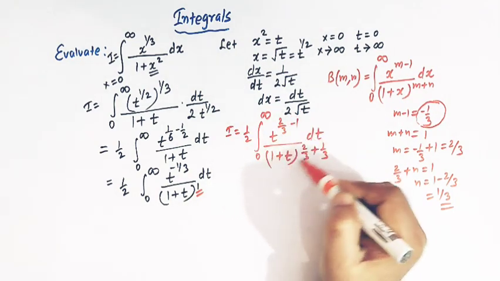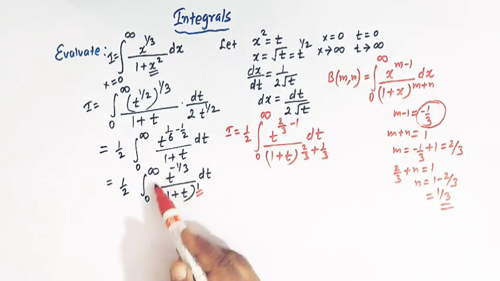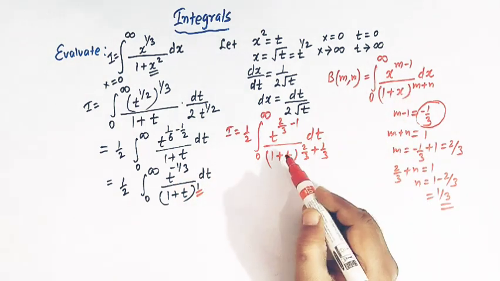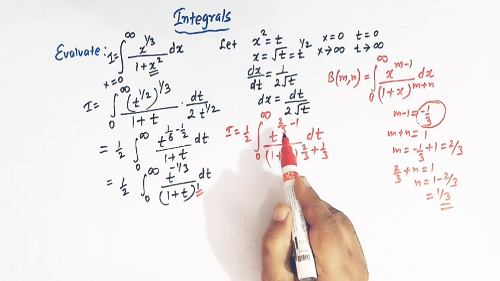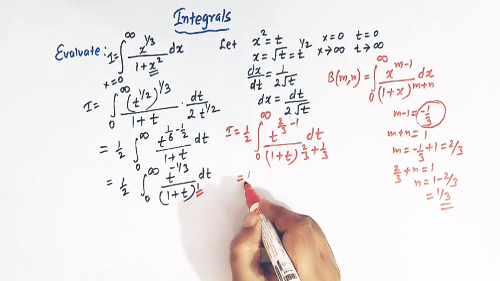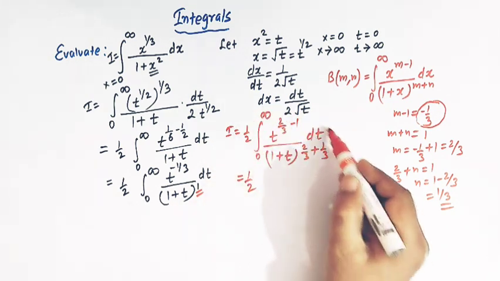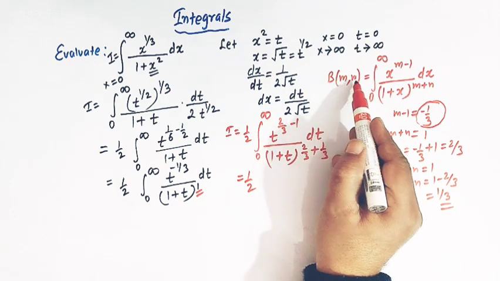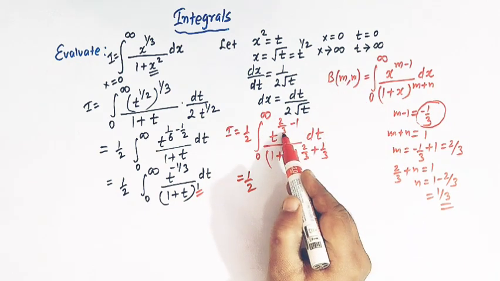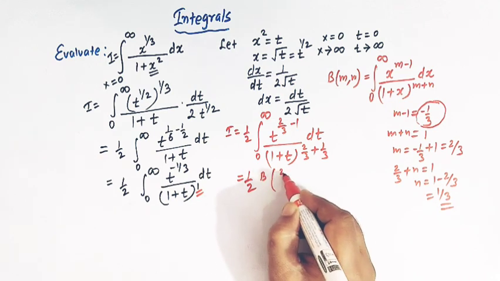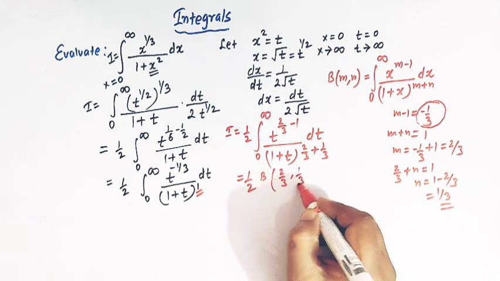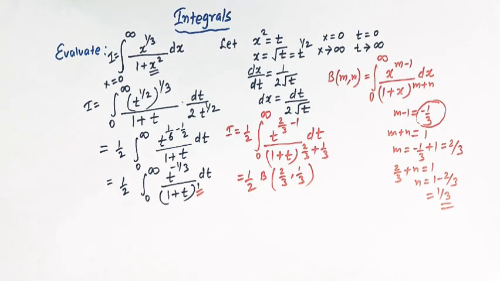So the sole objective is to express this quantity like this, which we have done in this way, right? So now what we will do, we'll write half, and now this integral is equal to beta m comma n, right? m is 2 by 3, n is 1 by 3. So we have beta 2 by 3 comma 1 by 3.